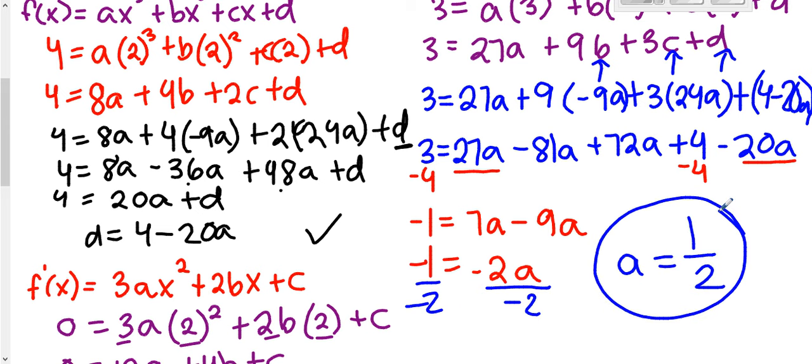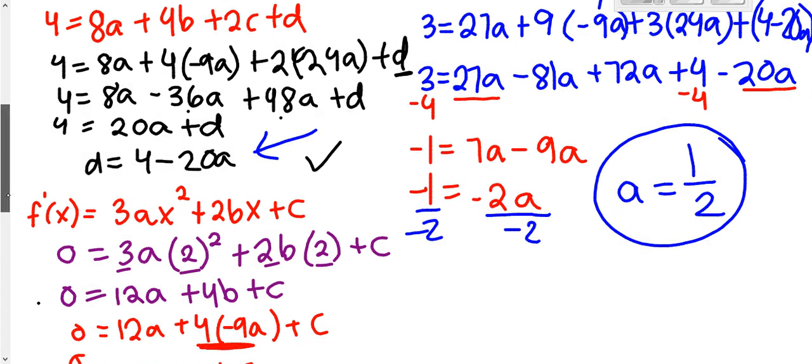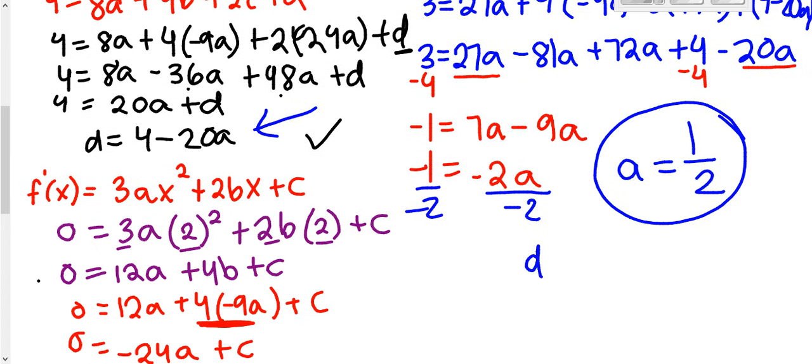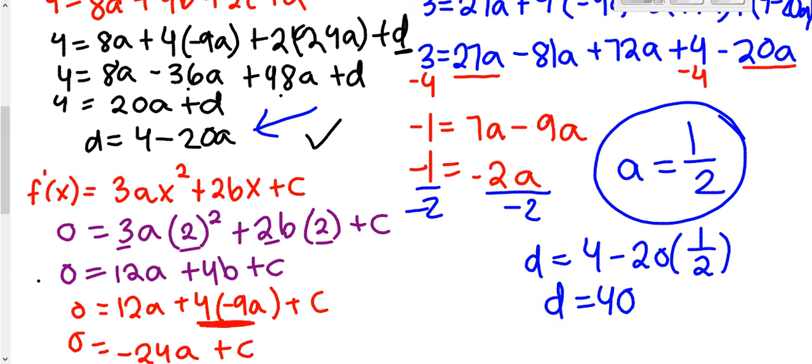Then we can use this to figure all of the other ones out. D is right here, so we can do D first. D is 4 minus 20 times a, and we just figured out a was 1/2. So D is 4 minus half of 20, which is 10. So D is negative 6.